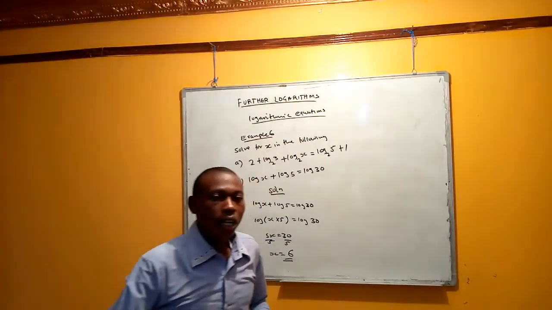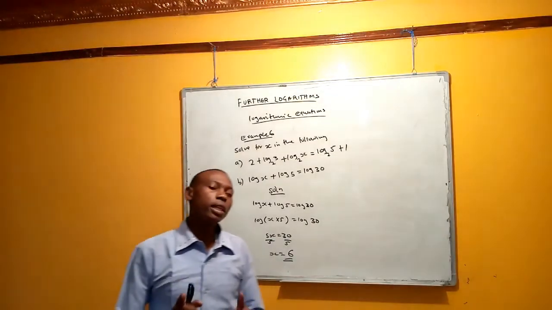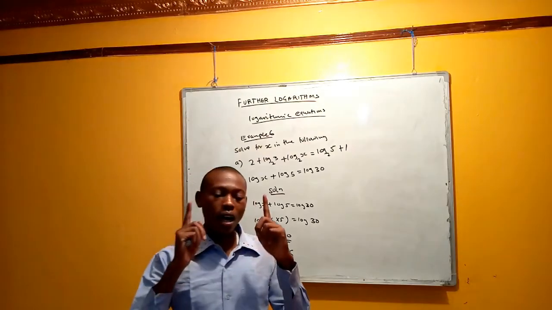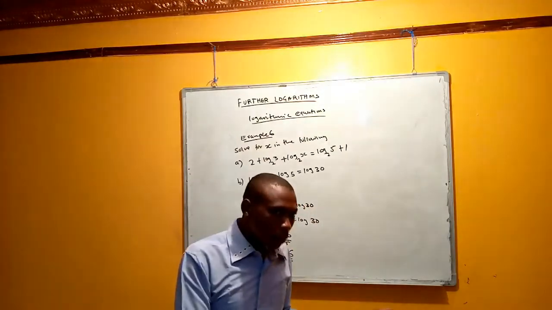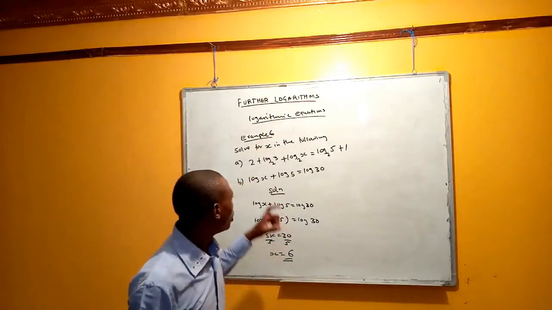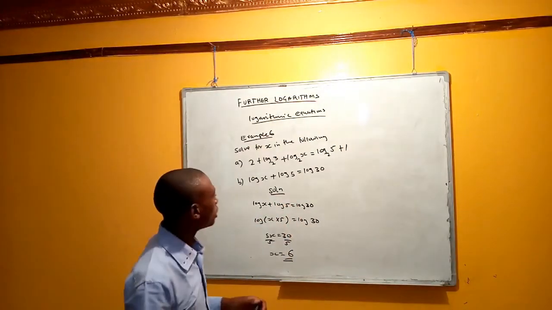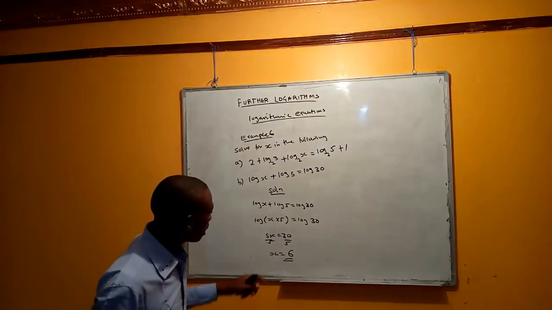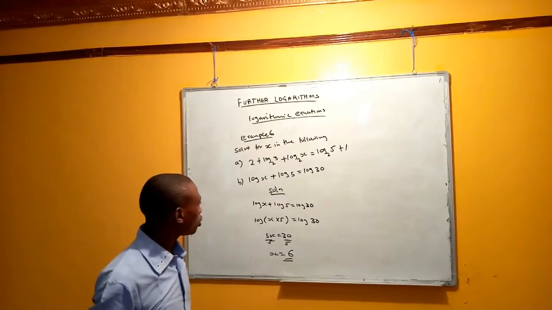So it's important that you understand, whenever you are given a logarithmic equation, the bases must be the same on either side, and then from there you apply the laws of logarithms that we have covered some time back. This is what you are expected to do.